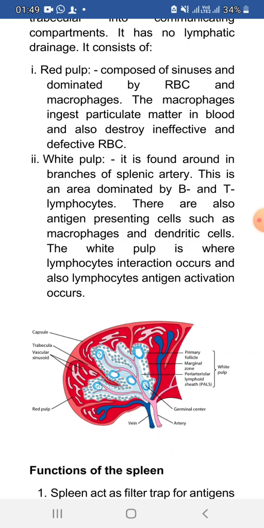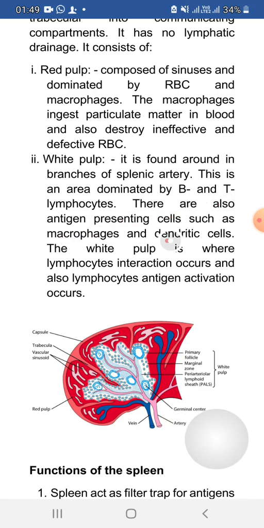Red pulp is a region where macrophages do not do antigen presentation, but they do kill the old and ineffective red blood cells. In the white pulp, this is where B and T cells continue developing, and they are activated by antigens.